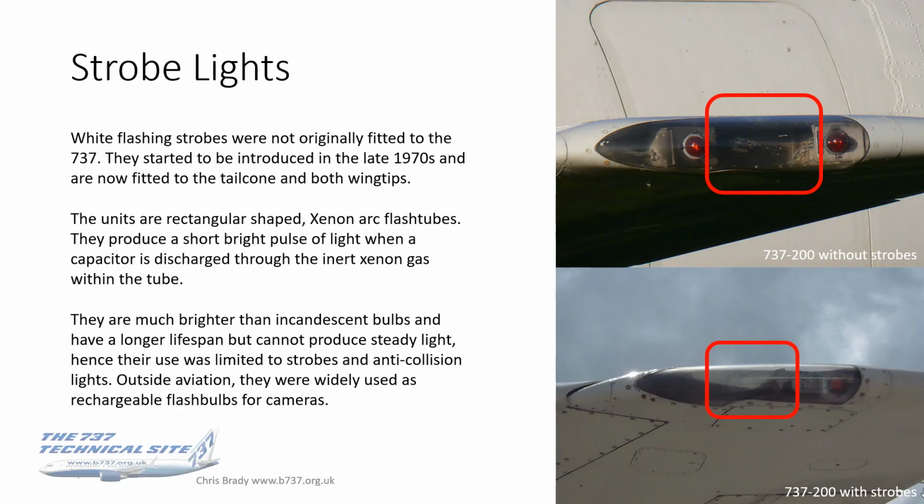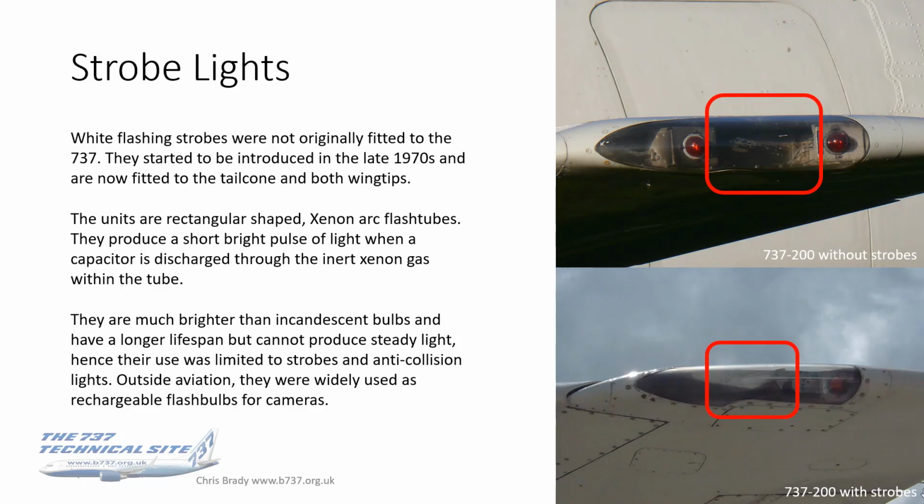These units are sort of rectangular shaped. You see it better on the bottom. The top photo is a 737-200 without strobe, so it isn't there. But it is there on the bottom one, and some subsequent photos will show it a little bit better.